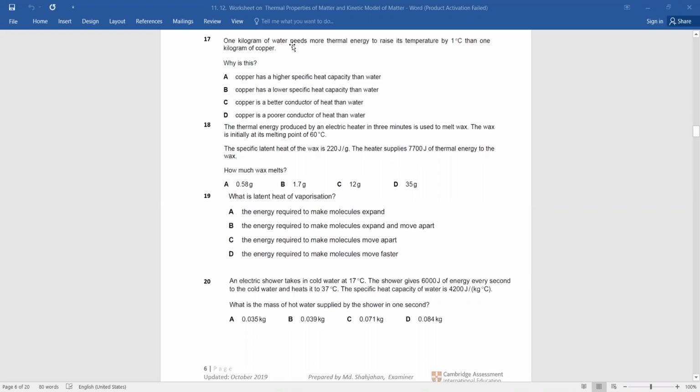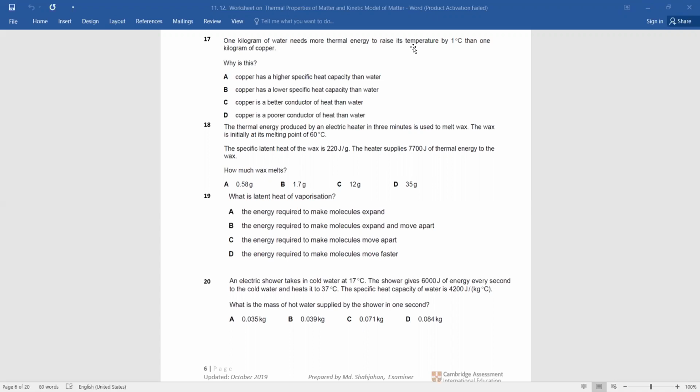Yes, sir. So, Kazi Zawad, are you understanding? If you think that water has more specific heat capacity and copper has less specific heat capacity, then which statement is right? I think B. So look, it's not giving the answer directly, it's giving it indirectly.